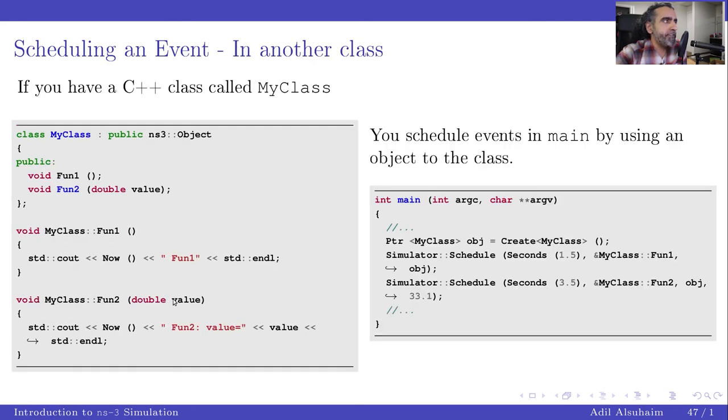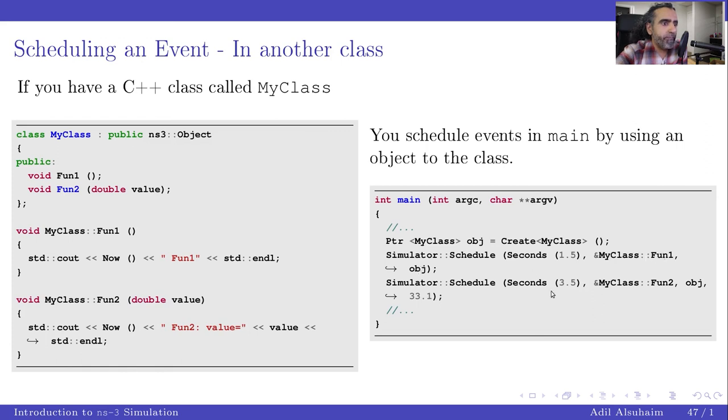If the function is in a separate class, let's say you have a class, MyClass, and it has MyClass fun1 and MyClass fun2 with a parameter. You create an object of that class, MyClass, and then you do Simulator::Schedule, and then you use the class name, function name with an ampersand here, and then comma, the object. So you're calling this function on that object.